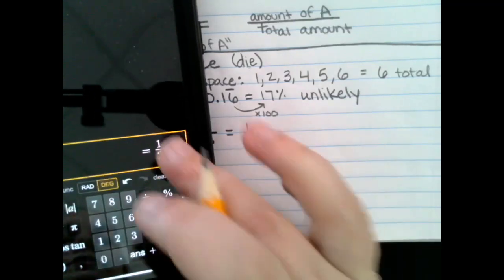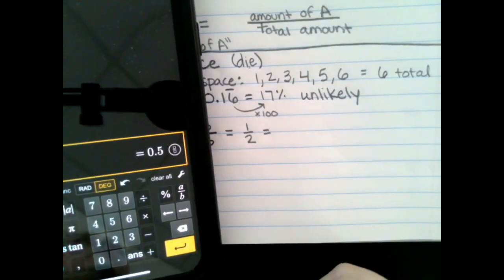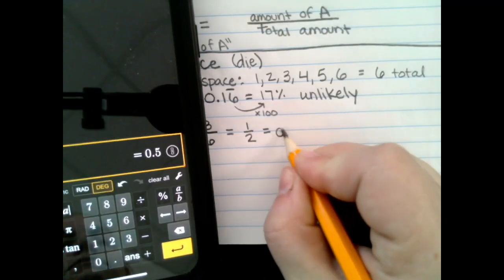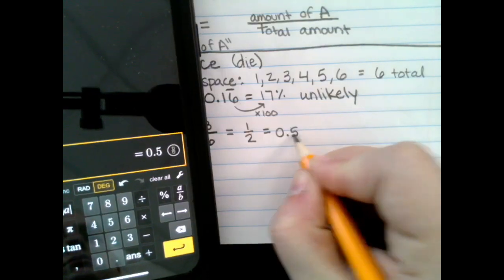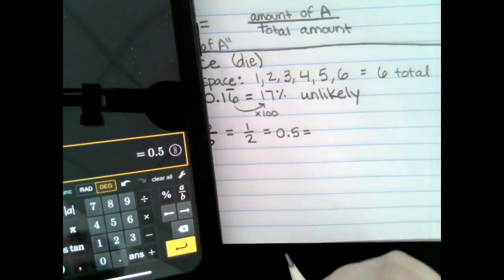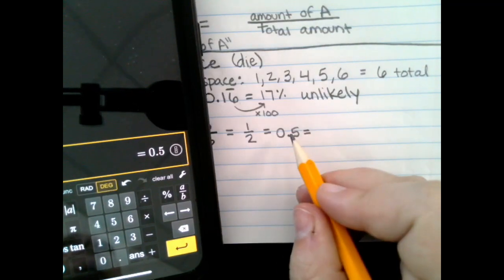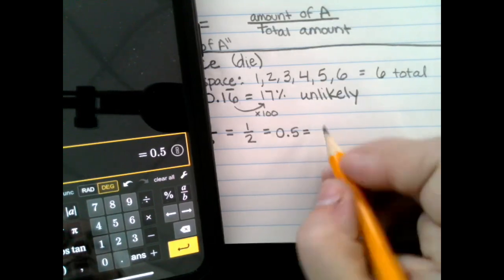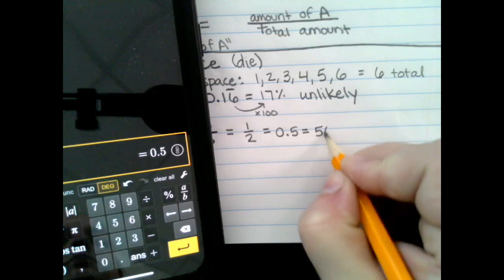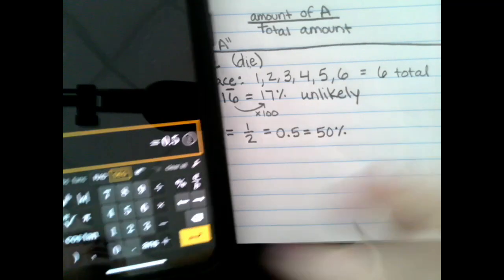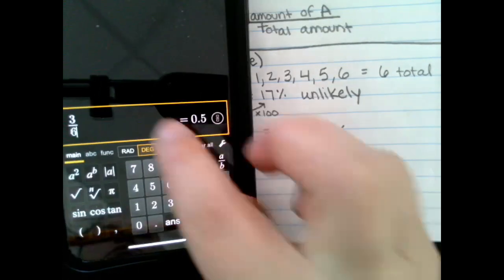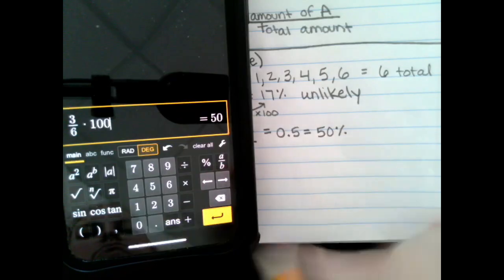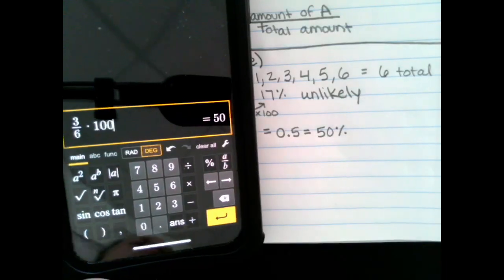Okay, 1/2 as a decimal. 0.5. Now remember, if you move that decimal over, we're going to move it over 2 times. So 0.5 is 5% or 50%? 50%. If you're not sure, in your calculator, just type in times 100. Okay, and we get that 50%.